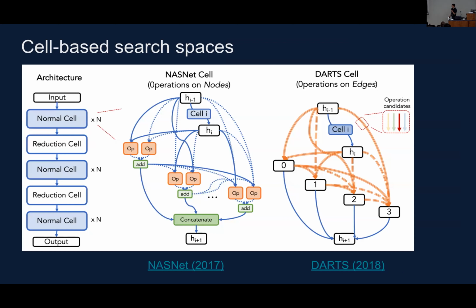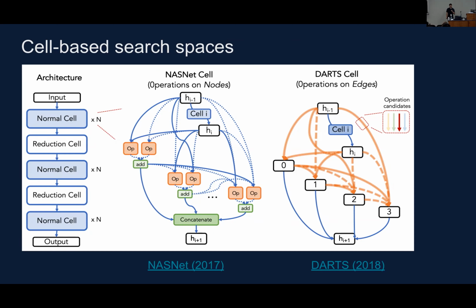okay, so next are possibly the most popular type of search spaces, which are cell-based search spaces. The problem with macro search spaces is that even these are so big that it takes quite a lot of compute power to search over a large architecture that could get strong performance.